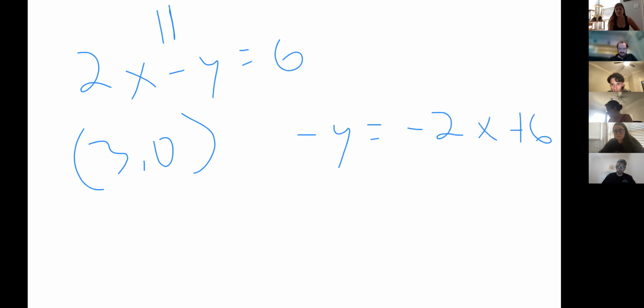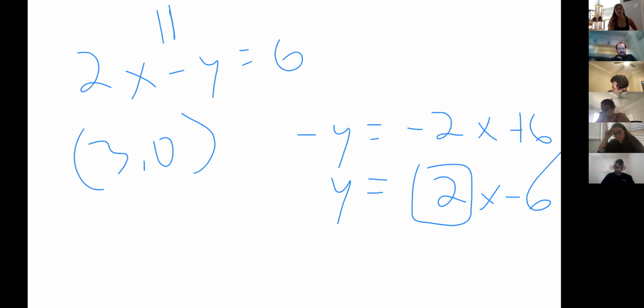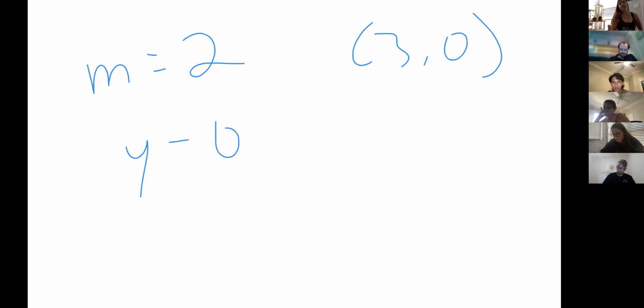And then when we take care of the negative, it becomes a positive 2x minus 6 that we said. Yeah. And so we're grabbing this slope. This is the slope that we want. So I have a slope of 2 and I have a point of 3, 0. And so we're plugging that in.